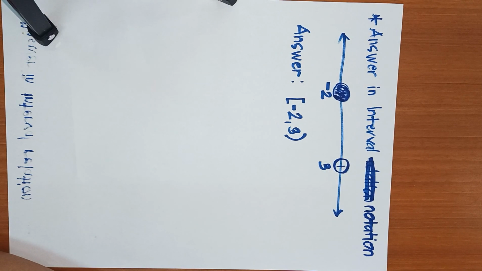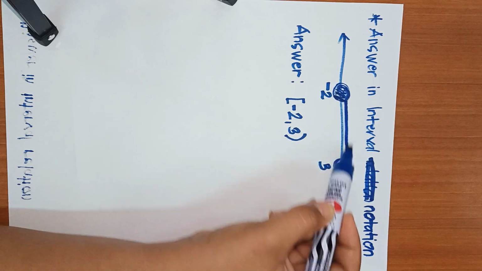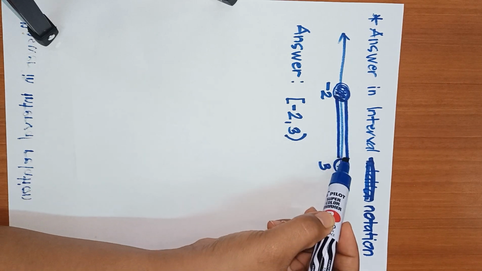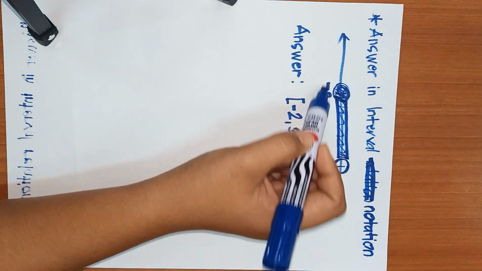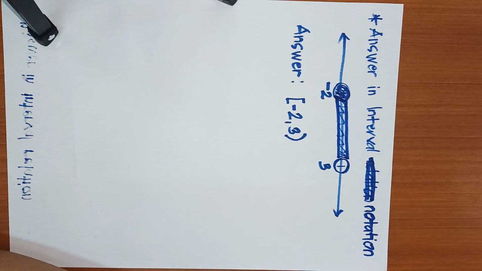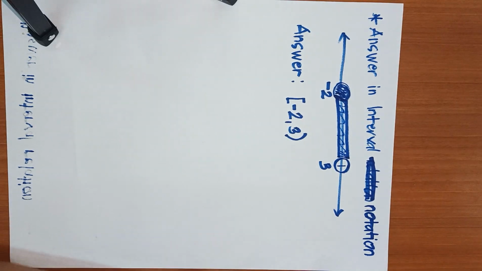So there is only one interval that is part of the solution, and that is less than 3 but greater than -2. In this interval, I'm going to shade it to show that it is part of the solution. Greater than 3 and less than -2 are not part of the solution. So in our answer, I'll be using -2 and 3.